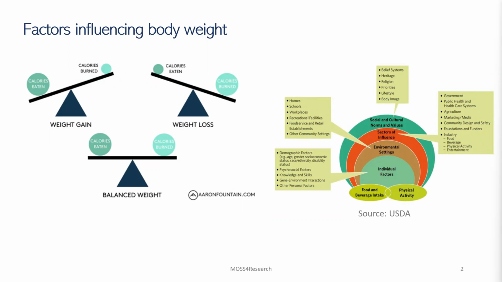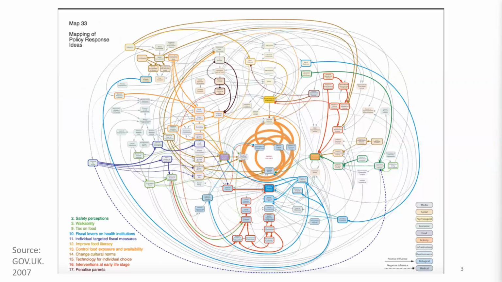However, later it was realized that even the more complicated models, like the ecological models that were proposed, were not enough to capture the complexity of health problems like obesity. So new models were proposed that were dynamic. This is an example that comes from the United Kingdom, published in 2007. It illustrates the conceptual framework and the different factors that work together in a dynamic manner and affect obesity.